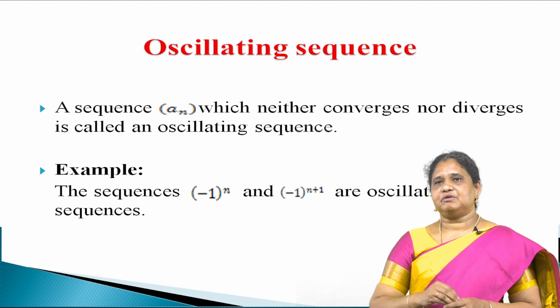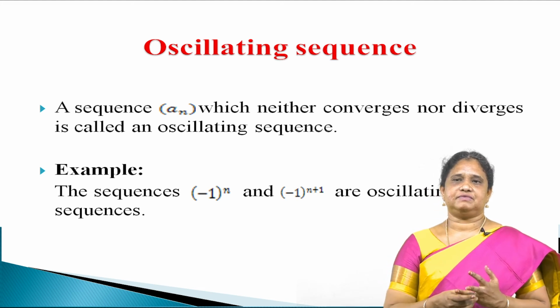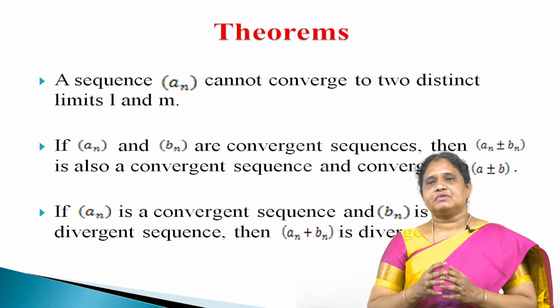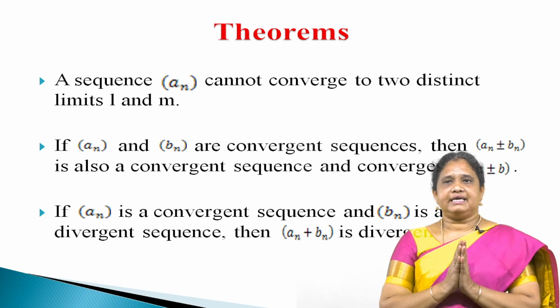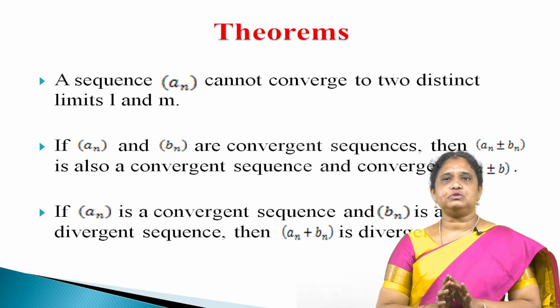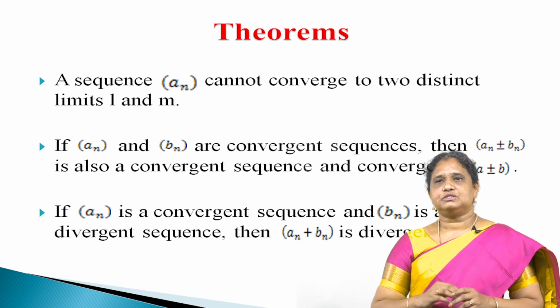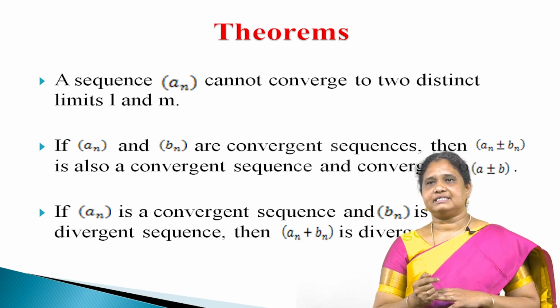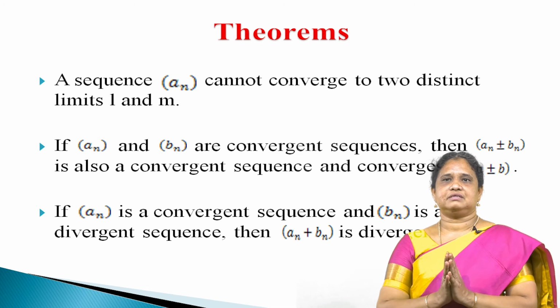Let us see some of the statements of the theorems regarding sequences. Sequence an cannot converge to 2 distinct limits. So from this theorem we are clear that a sequence has only one limit.